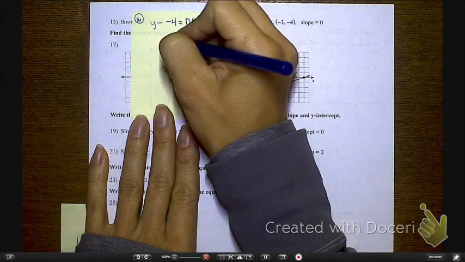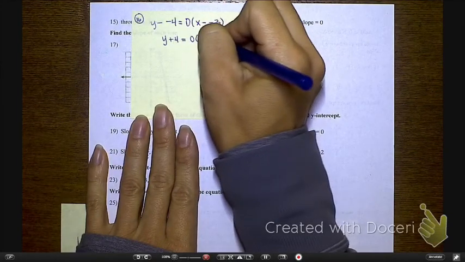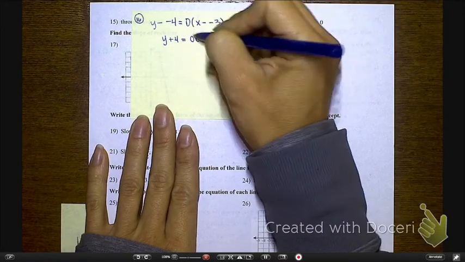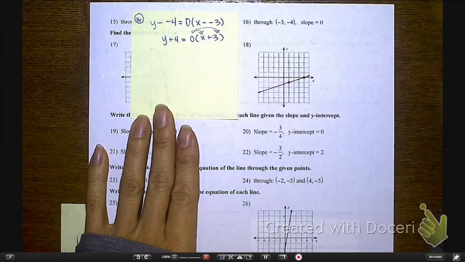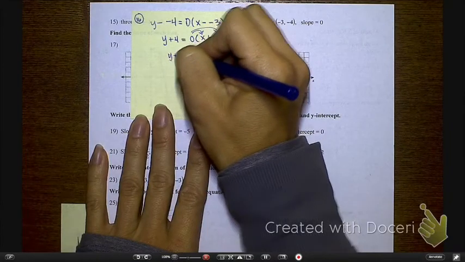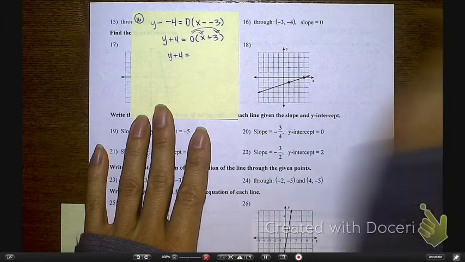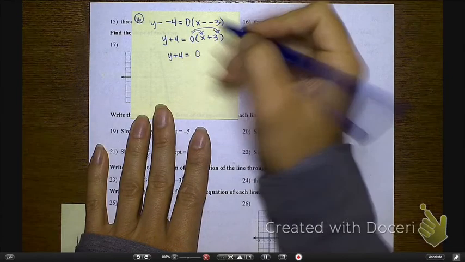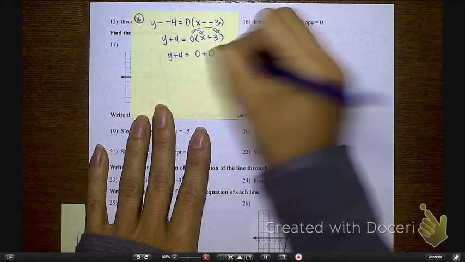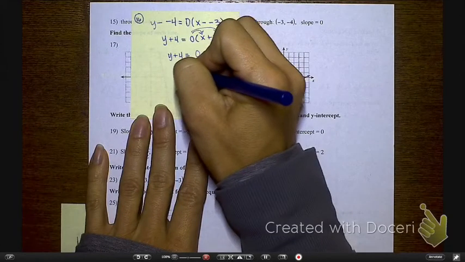Okay, so we get y plus 4 equals 0 times x plus 3. Okay, let's distribute the 0. So here we get y plus 4 equals, what's 0 times x? 0. What's 0 times 3? 0. What's 0 plus 0? 0.